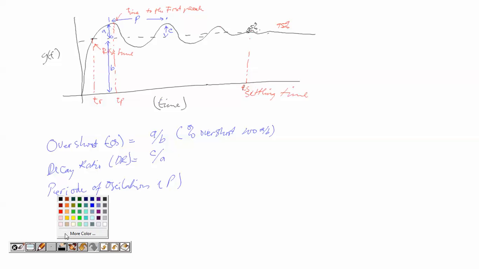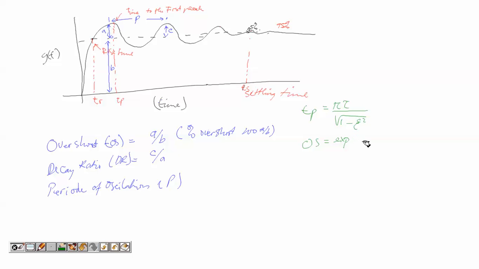TP can be calculated from this equation: pi tau over the square root of 1 minus zeta squared. The overshoot OS can be determined by the exponential of minus pi times zeta over the square root of 1 minus zeta squared.